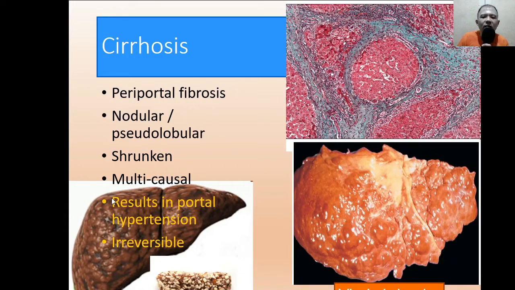Cirrhosis encroaches down to the portal circulation, causing portal hypertension, and it is irreversible. So take note: cirrhosis, fibrosis, nodular appearance of the liver.